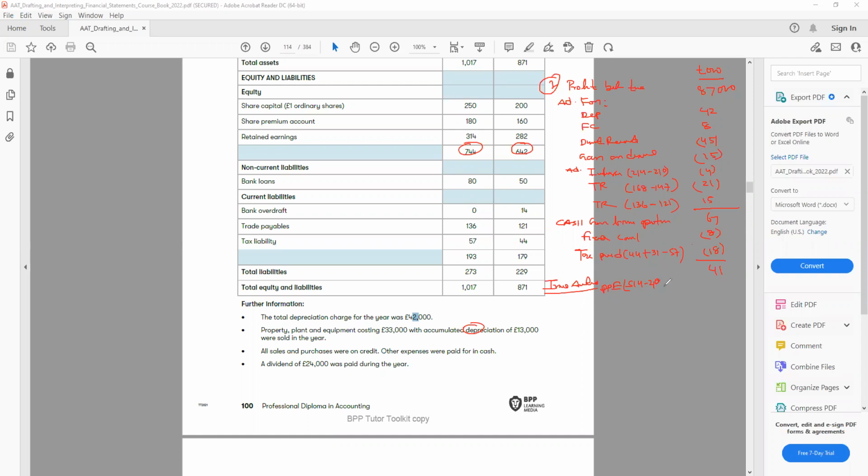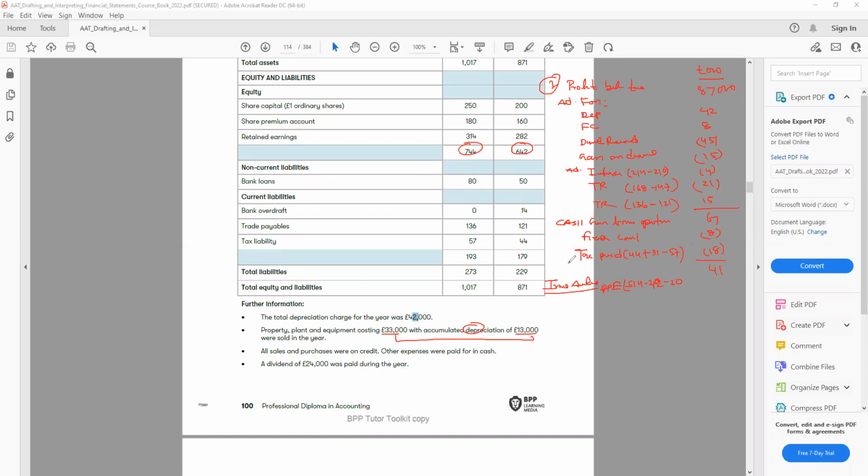And also we need to see if there is any asset that I have sold, but remember you only take the carrying value. So this was the cost, and we already used 30,000. The difference between these two is the carrying value, that is 20. This asset I sold, so you don't have it, so you have to minus that.